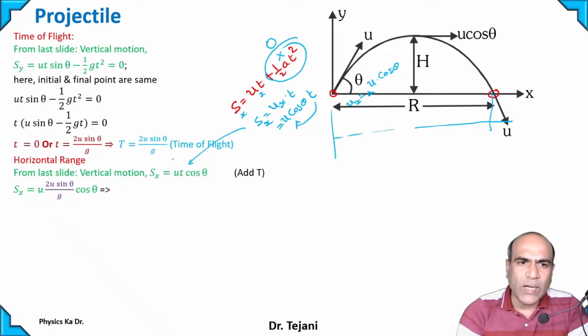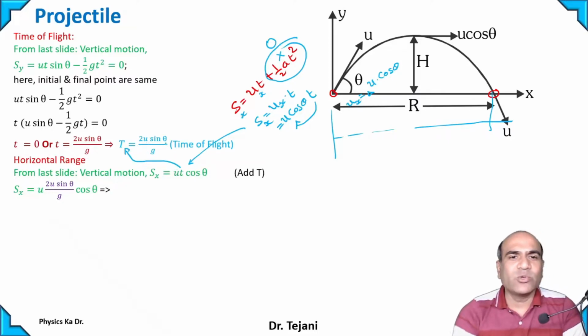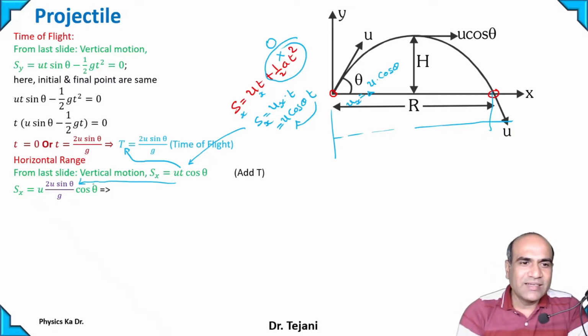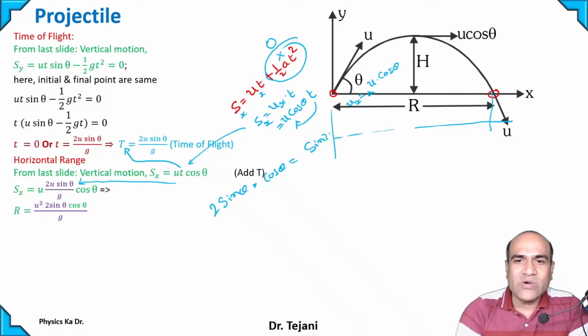Now see the value of t. We already derived the time required for this movement: t is equal to 2u sin theta by g. Putting it here, it becomes u times 2u sin theta cos theta by g. We know that 2 sin theta multiplied by cos theta is equal to sin 2 theta.